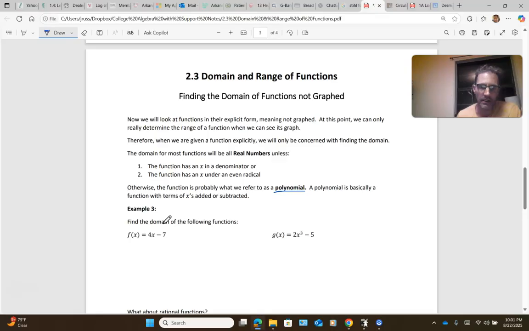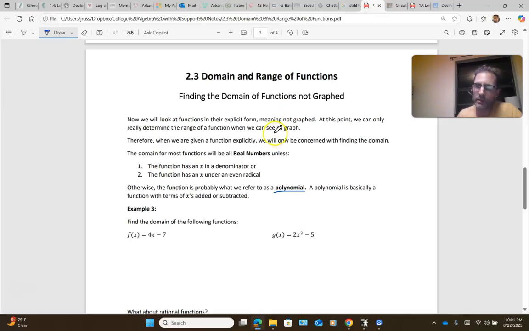Like those linear functions in section 2.1, they had a single x, or an x to the first power. Those quadratic functions had an x squared. The cubic functions had an x to the third. Now I know we saw absolute value functions, and then we saw one case of a rational function.